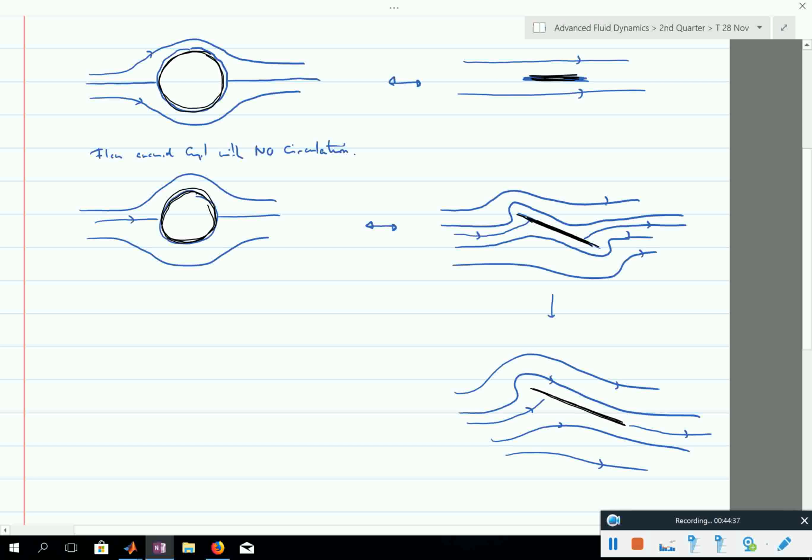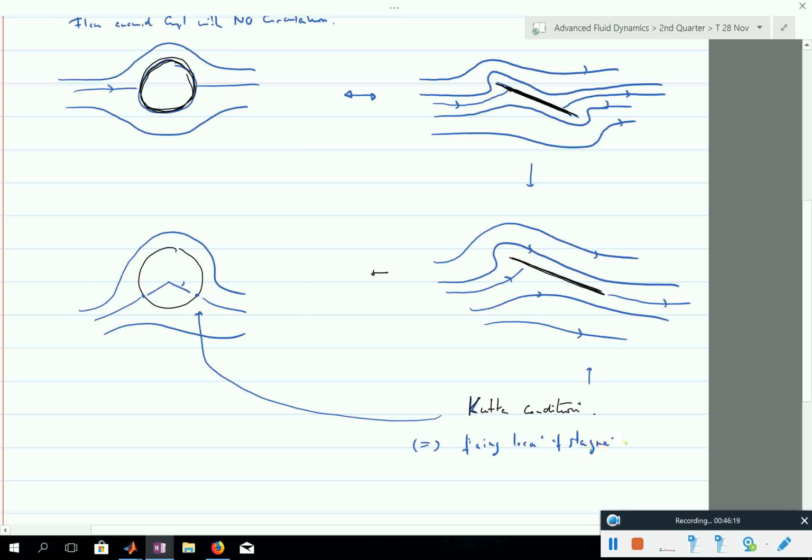So this Kutta condition is equivalent to fixing the location of the stagnation point on a cylinder, and remember that fixing the location of the stagnation point on the cylinder is equivalent to fixing the circulation.